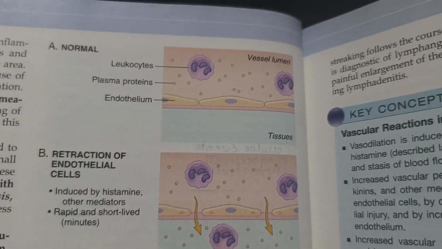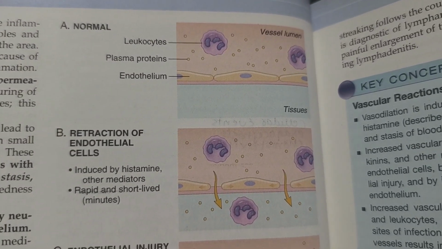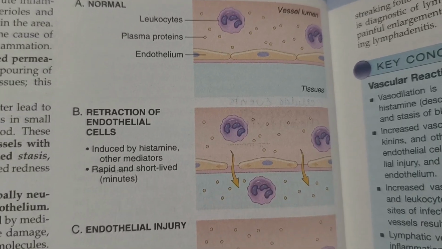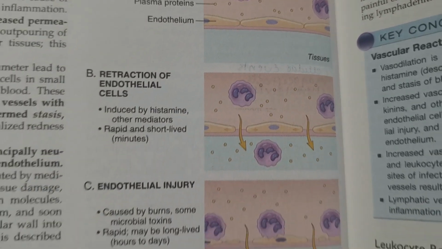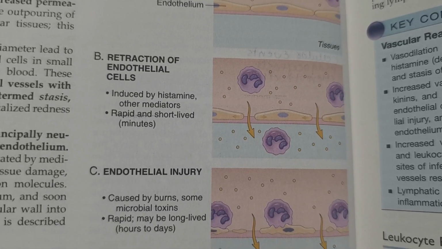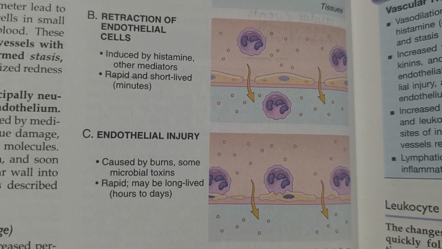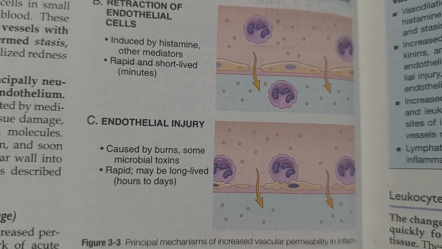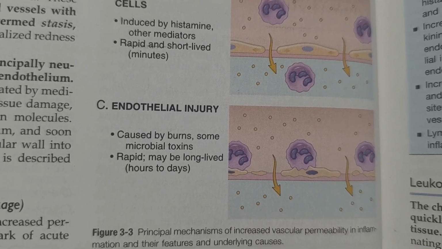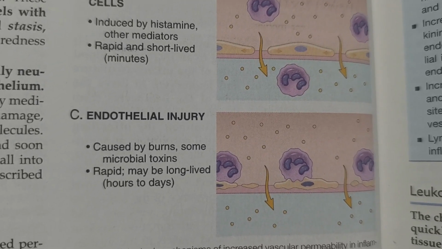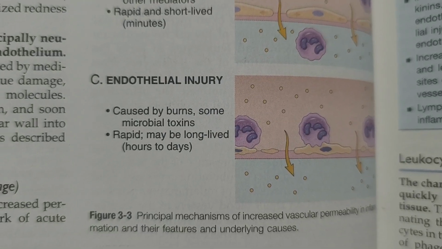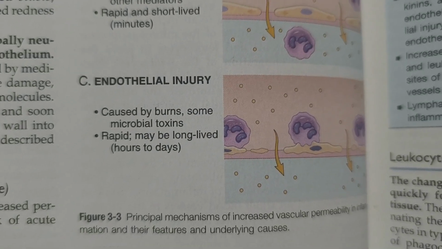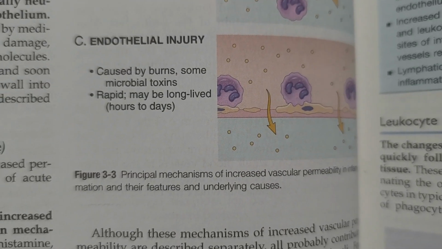Normally, the vessel lumen contains leukocytes and plasma proteins, lined by endothelium and the tissue. B is the retraction of endothelial cells, which is induced by histamine and other mediators, rapid and short-lived, 15 to 30 minutes.